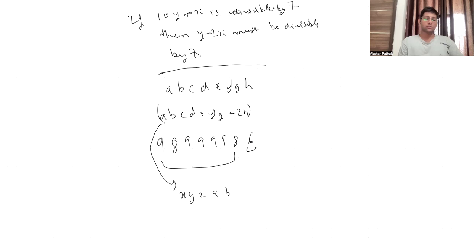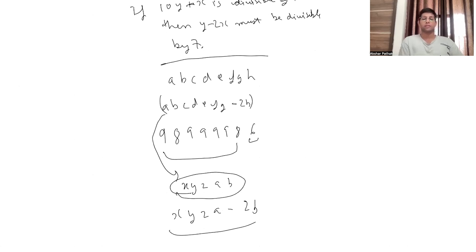Now what you will do is XYZA minus 2 times B. This must also be divisible by 7, because we just learned the divisibility rule of 7. If XYZAB is divisible by 7, XYZA minus 2 times B is also divisible by 7.